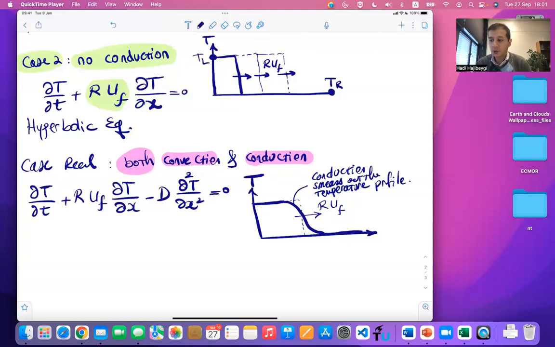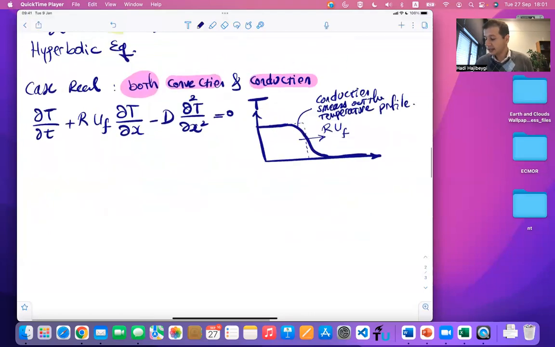Now I'd like to do quantitative analysis, to understand exactly how smooth or how sharp the front of heat transfer is in my system. Depending exactly on the ratio of conduction and convection, I can understand if my profile is more smooth, more diffuse, or sharper and sharper, right?